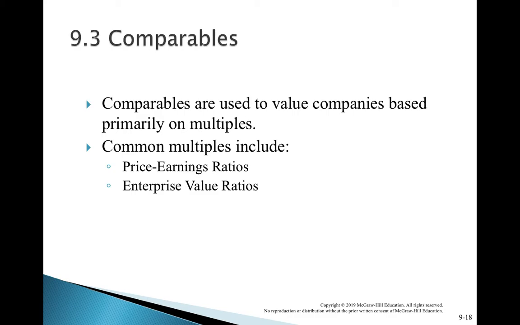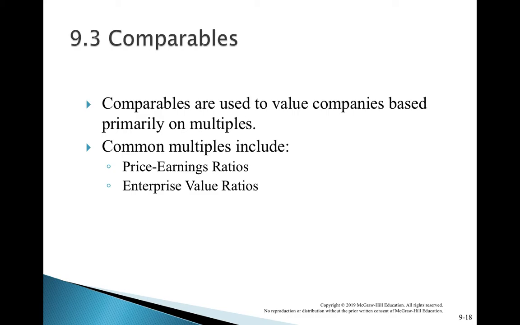So many analysts use many different comparables. Like I told you, 6 or 7 ratios: price earning ratio, price book value ratio, price to sales ratio, price to cash flow ratio, price to enterprise value ratio or enterprise value ratio. So these are the many different ratios being used as comparables.